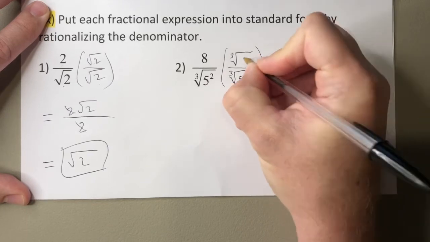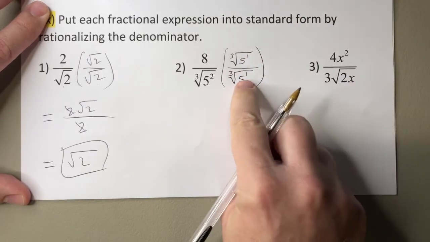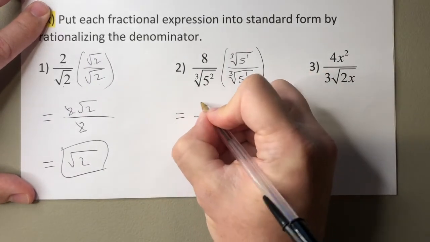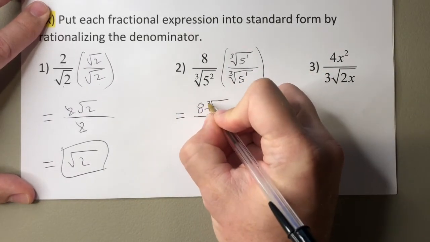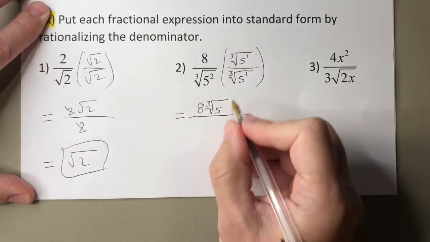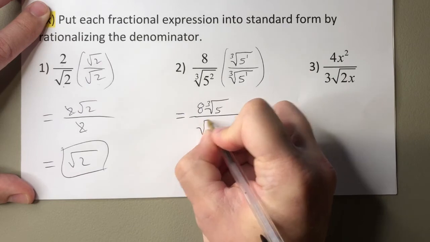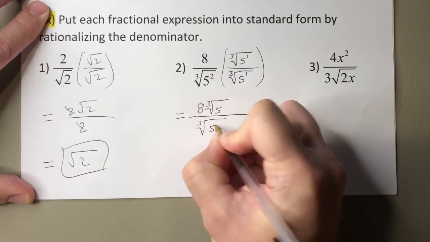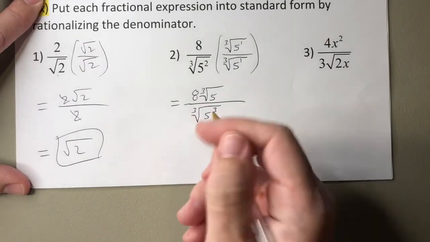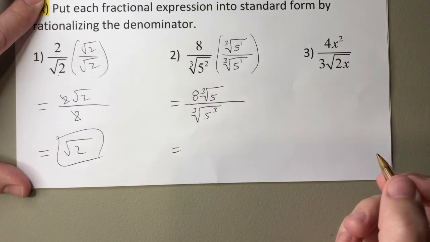And if you want to do 5 to the first to be clear, that's fine. You need 1 more 5. So I'll show you what this actually produces. It produces 8 times the cubed root of 5 to the first in the numerator. And in the denominator, it gives you the cubed root of 5 cubed. If these are the same, then they cancel, okay?